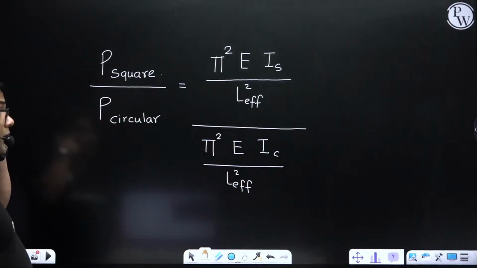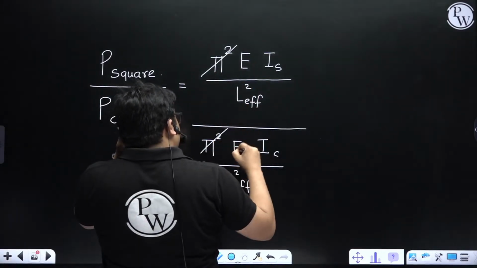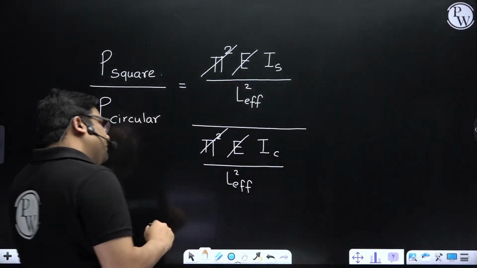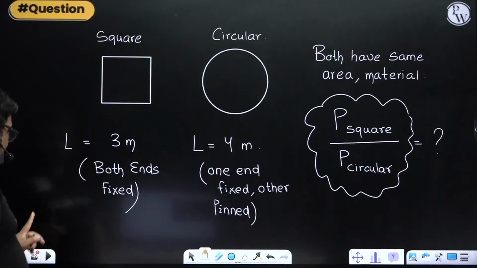Now see how to solve. Same material means pi square and E will get cancelled.